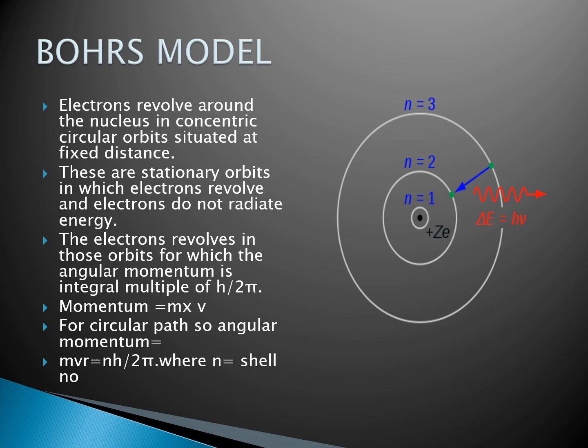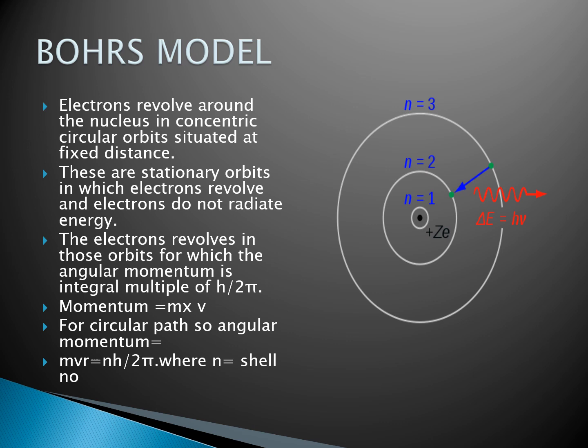But as the electron revolves in a circular path, the angular momentum for circular path is equal to mvr. We have to multiply mv with the radius. So mvr is equal to n h by 2 pi, where n is the shell number 1, 2, 3.